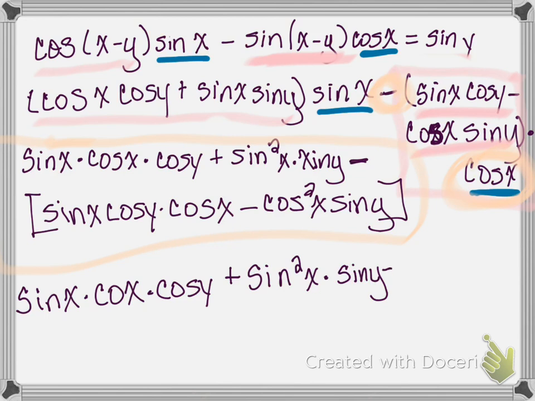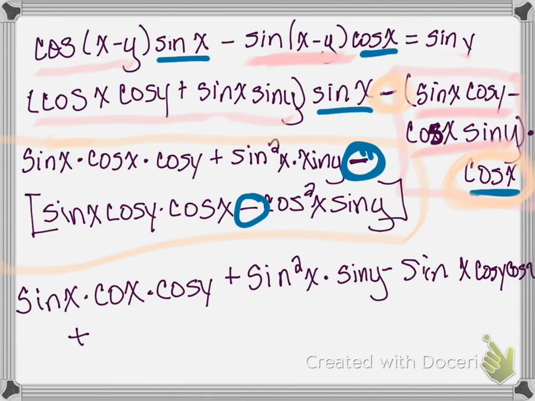Now I am subtracting sine x times cosine y times cosine x. Okay? Now I am taking this minus and I am distributing it with this minus. So I am going to have a plus right there. So I'm going to have plus cosine squared of x and sine y.